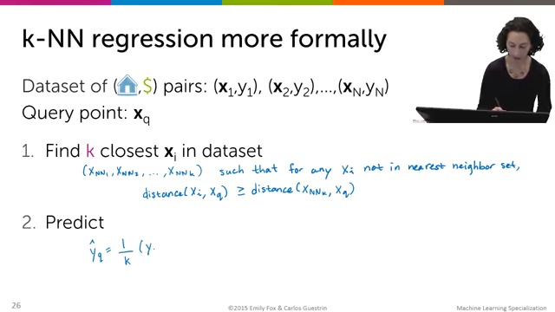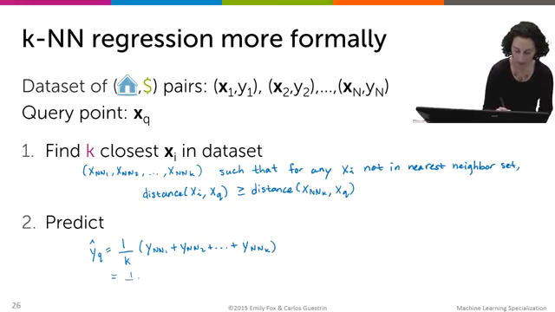So 1 over k times y nearest neighbor 1 plus y nearest neighbor 2 plus all the way up to y nearest neighbor k, or we can write this more simply as 1 over k sum j equals 1 to k of y nearest neighbor j.